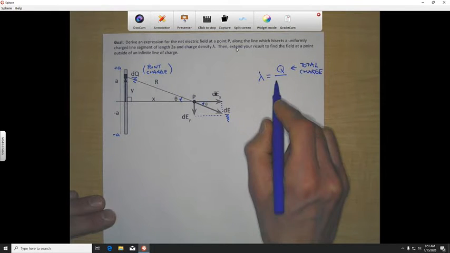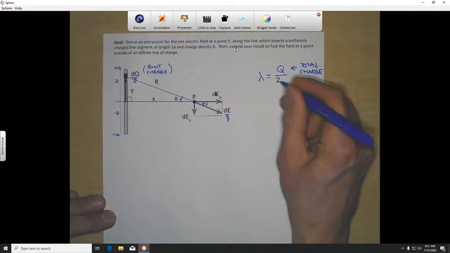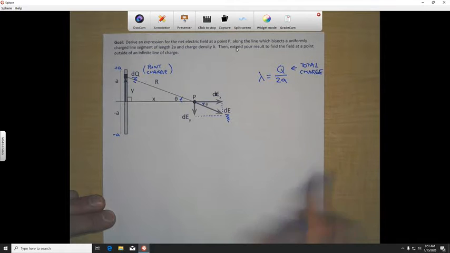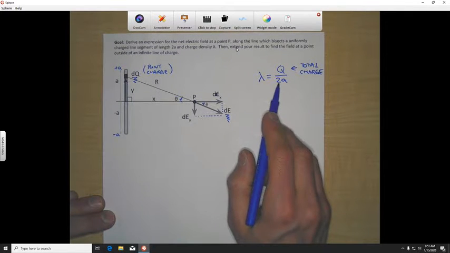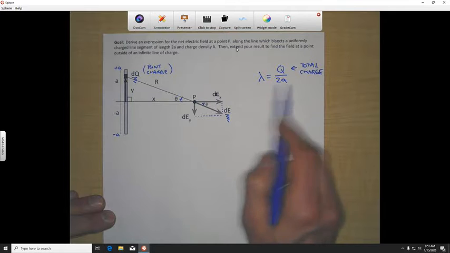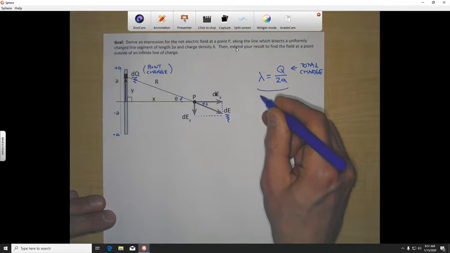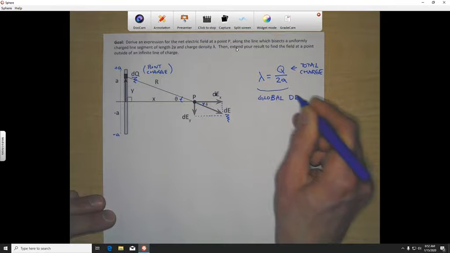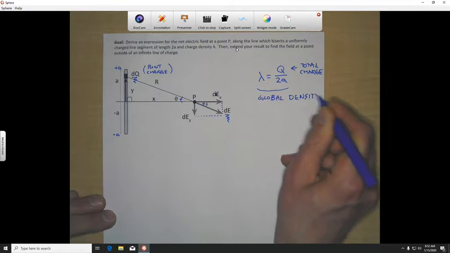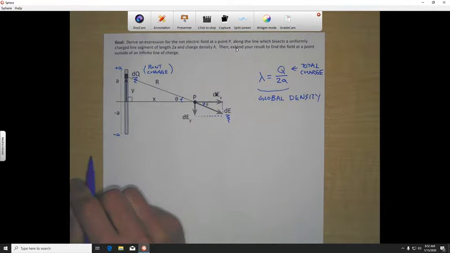And let's say that the length of that is equal to 2a, right? Because of our picture. So this would be like our global charge density. When I say global, I mean it's really just looking at the average of the entire line segment.